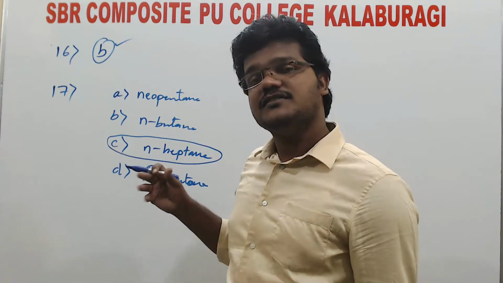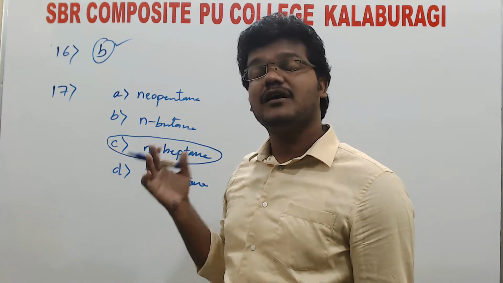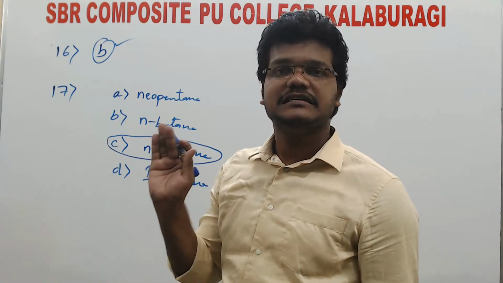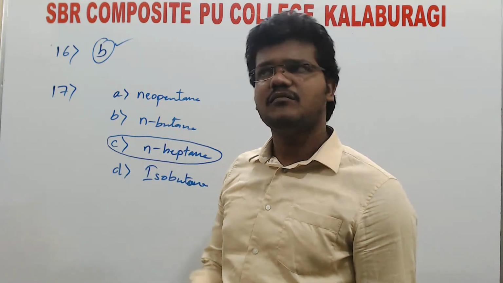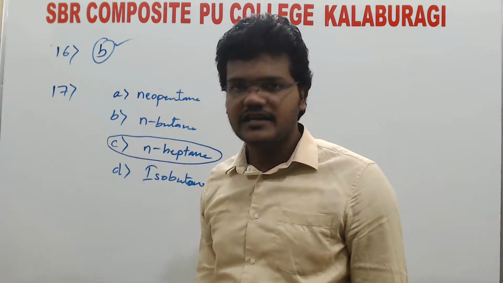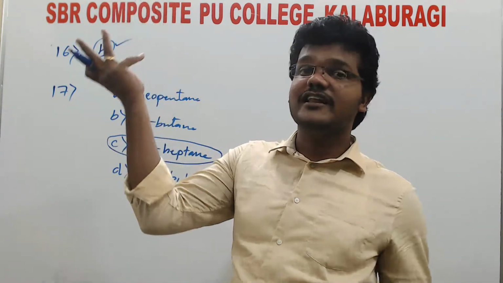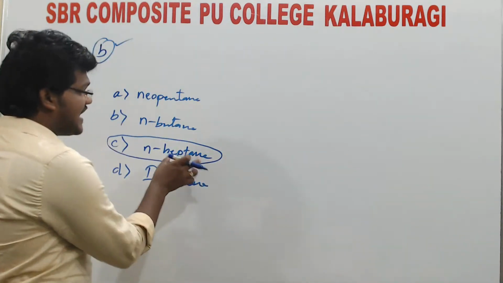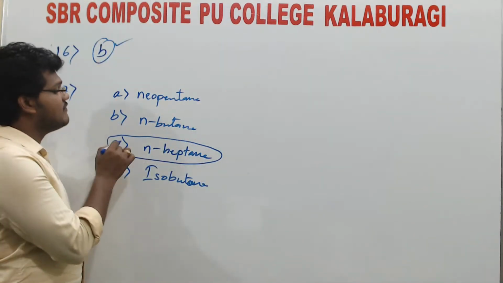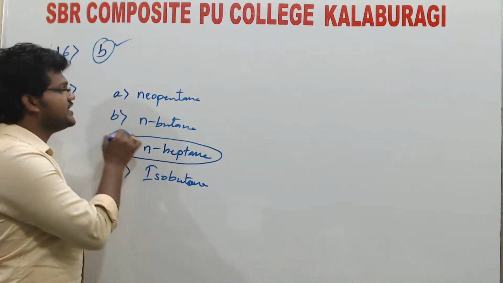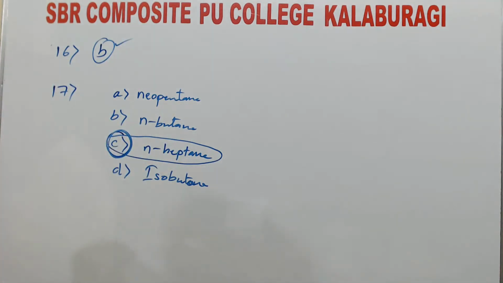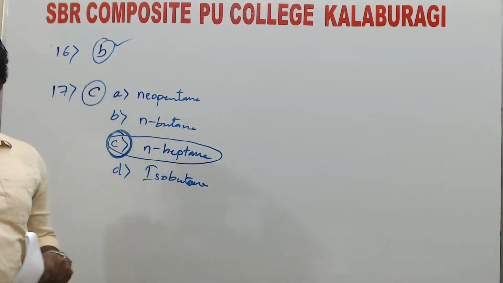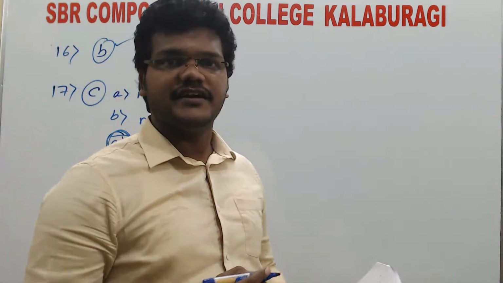Straight chain hydrocarbons are more stable compared to branched ones. As the number of carbons increases, molecular mass increases, and boiling point increases. So n-heptane should have the highest boiling point among these 4. For question number 17, option C is the correct answer.